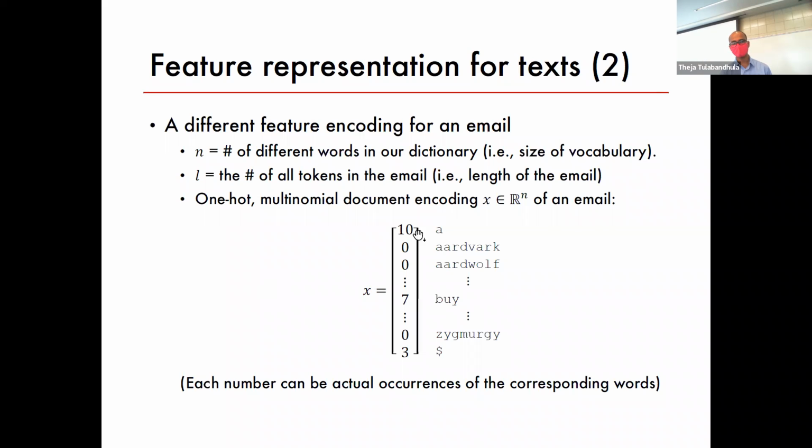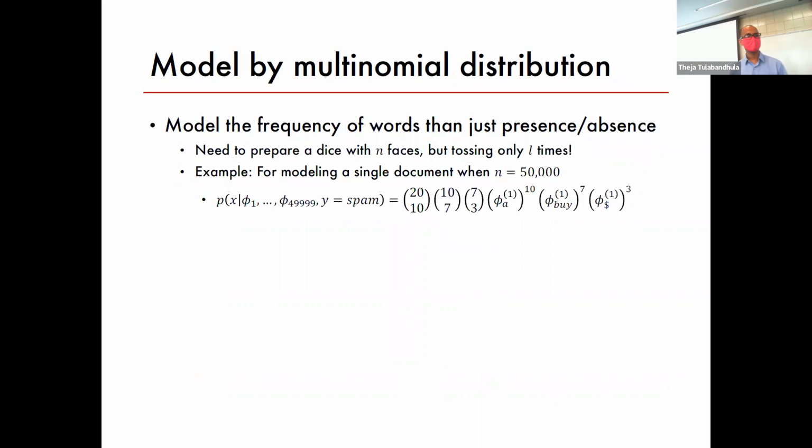So the difference is like 10, 7, 3 versus 1, 1, 1, 1. We were previously just doing presence and absence of the word. Now we are actually modeling the frequency of the word.